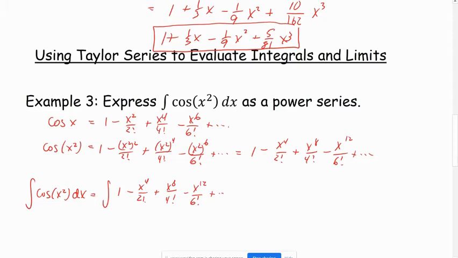I'm also going to include the general term for the Maclaurin series. For cosine x, the general term is negative 1 to the n plus 1, x to the 2n over 2n factorial.